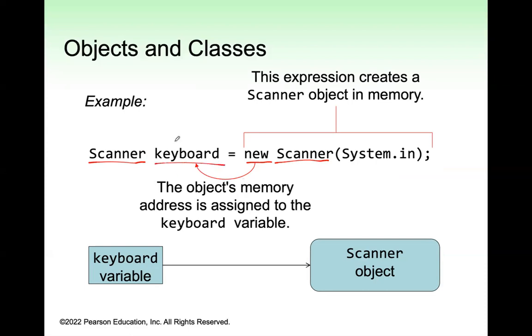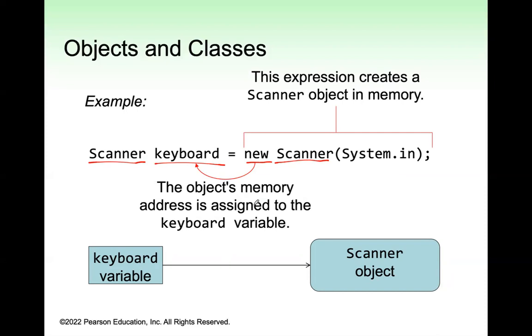And then this keyboard, for example, right here, this is just a variable. This is just a name of a variable that you create as a programmer. You can use any kind of name for this variable, but typically you want to be able to distinguish what that object is.